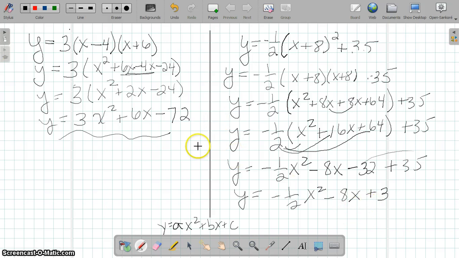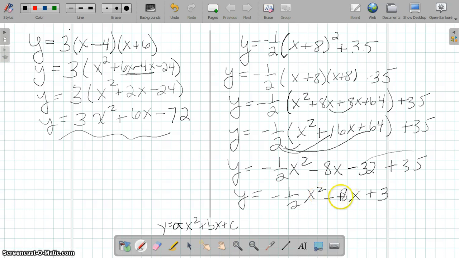Now going the opposite direction is a little bit more difficult. Going from standard form to intercept form isn't too bad because you just factor if you can.